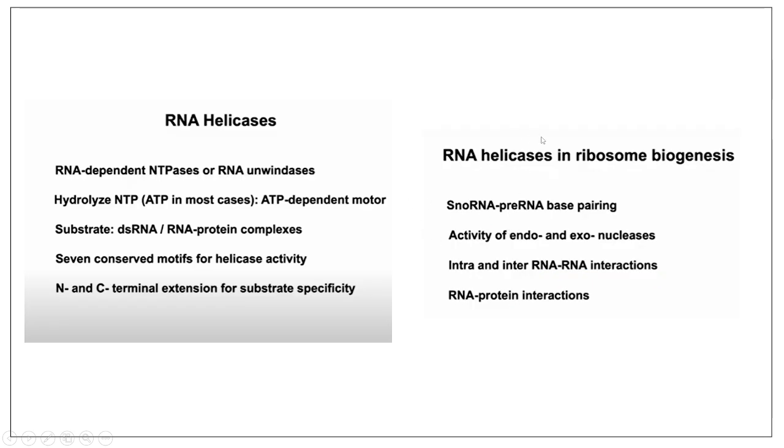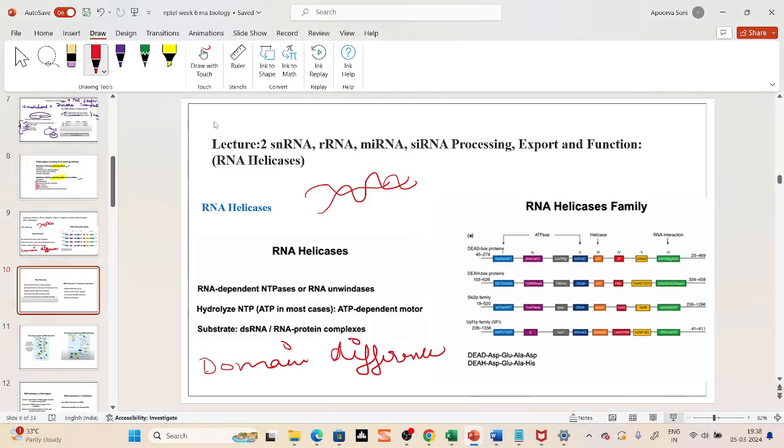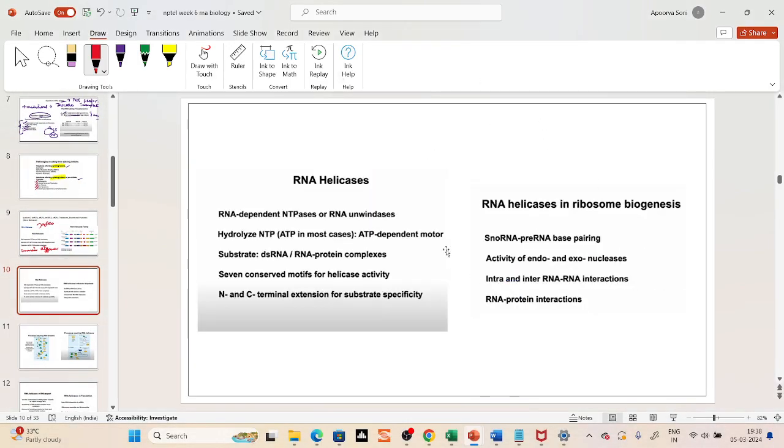So right till now we have studied about RNA helicase. Now we'll see the RNA helicase function. What is the function of this RNA helicase? Basically these RNA helicases are used for ribosome biogenesis.